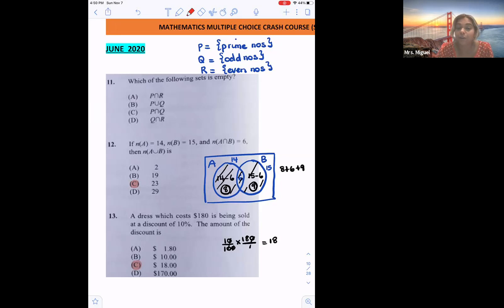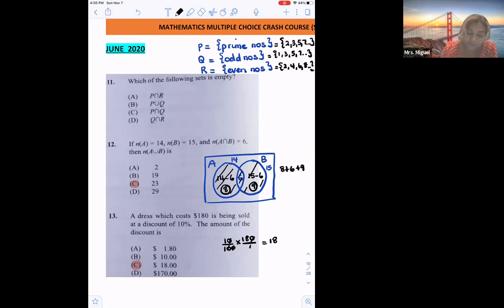Number 11, which of the following sets is empty? Well, if we list the members of the sets, prime numbers 2, 3, 5, 7, etc. Odd numbers 1, 3, 5, 7, etc. Even numbers 2, 4, 6, 8.